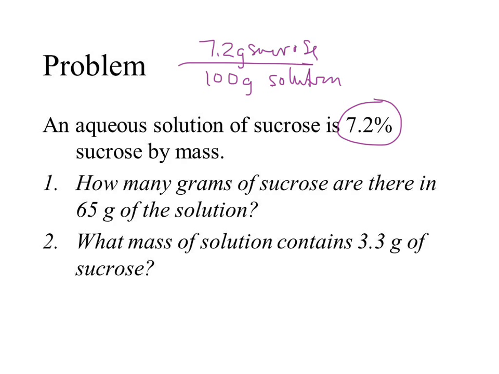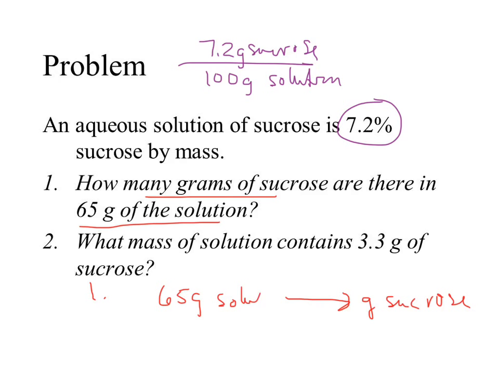If I were to diagram that, it would look something like this. How many grams of sucrose, so that's what I'm trying to get to, are there in 65 grams of solution? Do you see how if I put 65 grams of solution over 1, I can introduce that and get to my units of grams of sucrose? The next one changes it up a little bit.